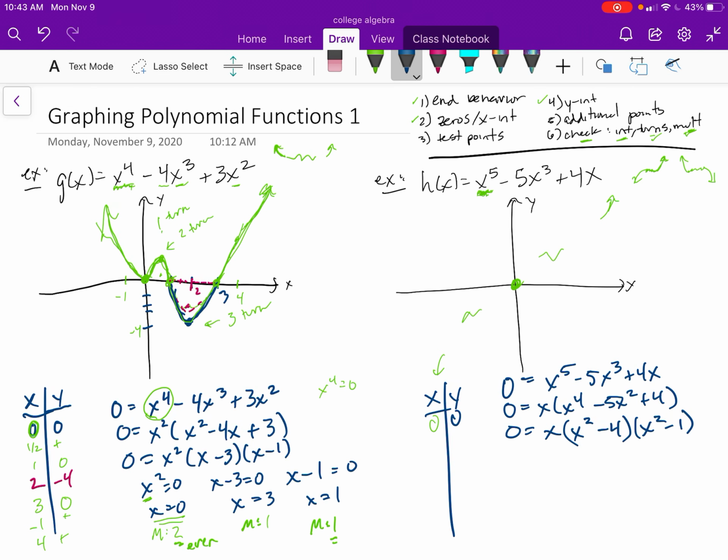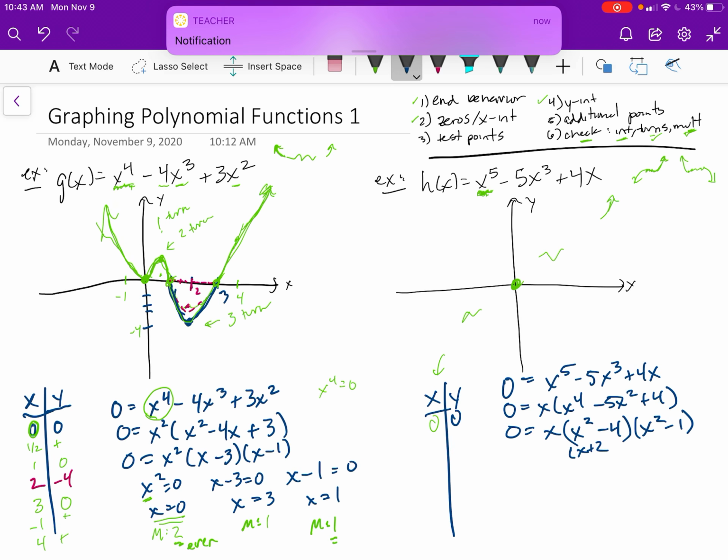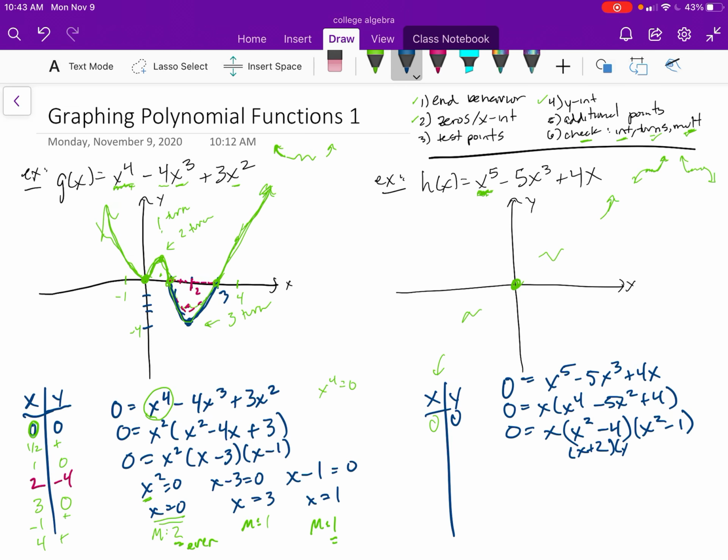Okay, we could factor again, or you could set each factor equal to 0. I'm going to go and factor. I like difference of squares here. All right. So why I did it that way, when a lot of students set x squared minus 4 equal to 0, they'll add 4 and then square root and just say x is 2. Okay, but remember, when you take a square root, you need the positive and the negative square root.